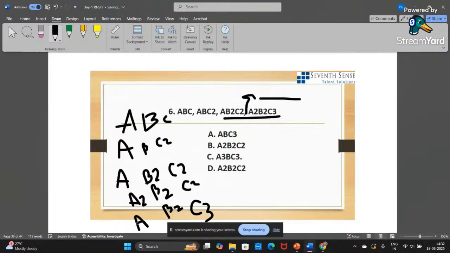Only one alphabet at a time is getting one number extra. So between this and this we get A2, B2, C2. So answer D is the right answer. A, B and C are both having the same option. So A2, B2, C2 is the right answer.